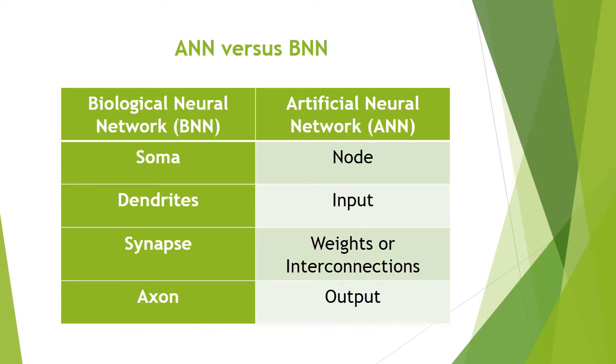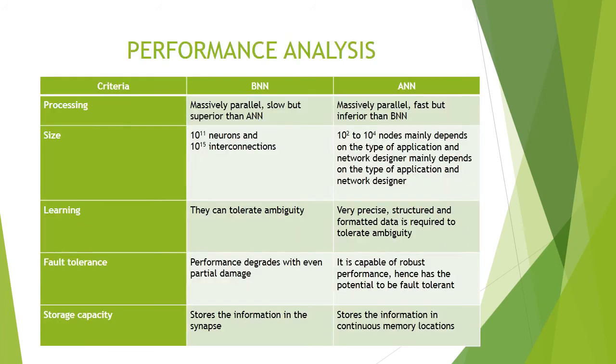The synapses in a biological neural network are the weights or interconnections in an artificial neural network. And coming to the last one, the axon in a biological neural network is the final output, that is capital Y I showed you in the previous slide, in an artificial neural network.